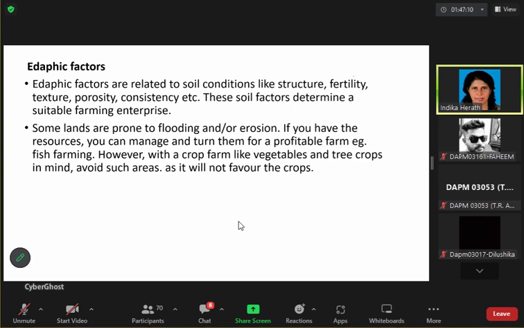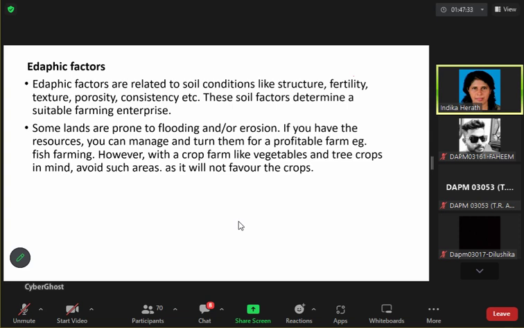Some lands are prone to flooding and erosion. You already know flooding and erosion is going to cause some health issues. And erosion will also degrade the land, so that will reduce the capacity of the land to support plants. So both flooding and erosion cause issues.